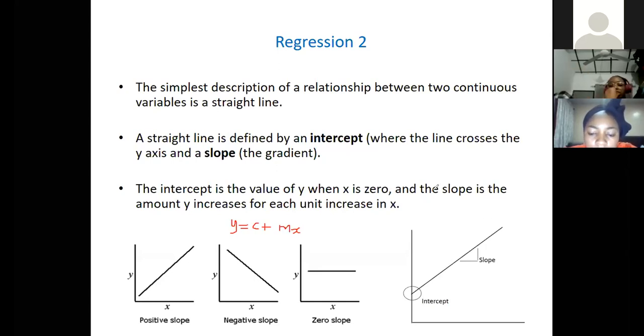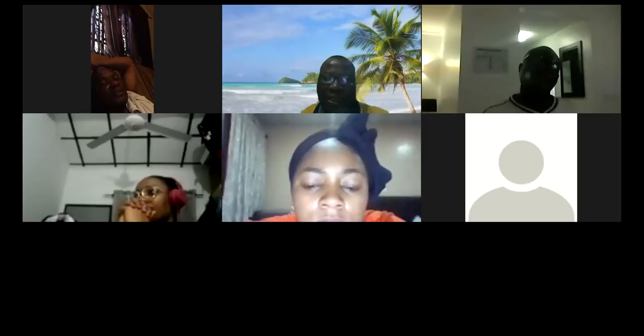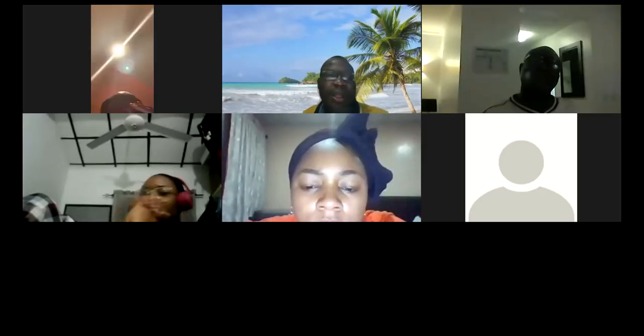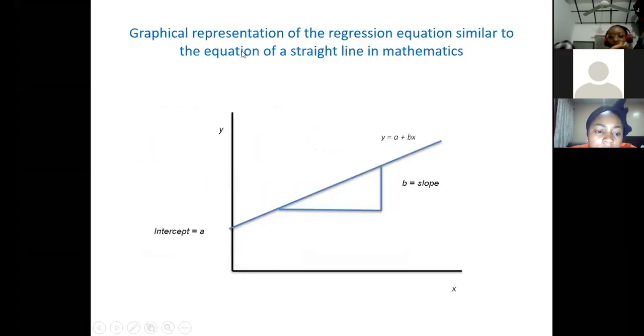So this equation of a straight line in mathematics is what the statisticians adopted.